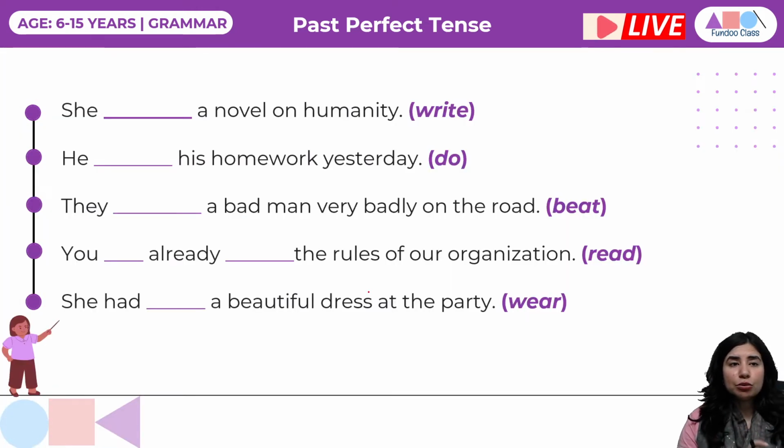So these are a few sentences in front of you. You have to use the past perfect tense and complete these sentences, using the main verb written in the bracket. So I'll give you 2 minutes. Finish these 5 sentences, then we will get into the discussion.